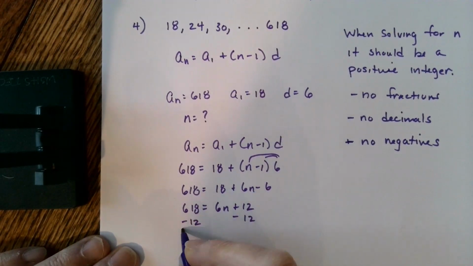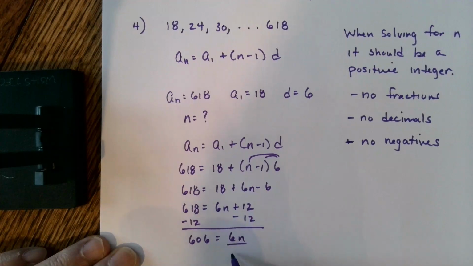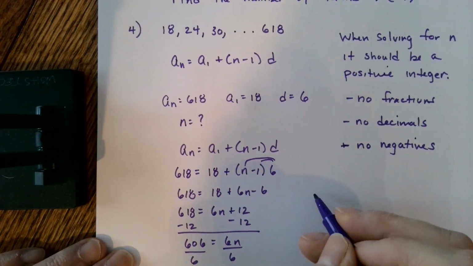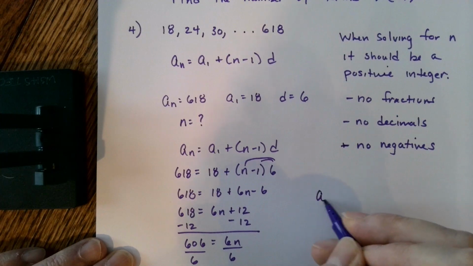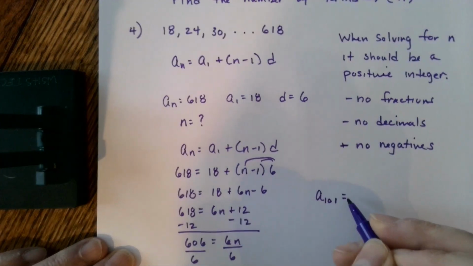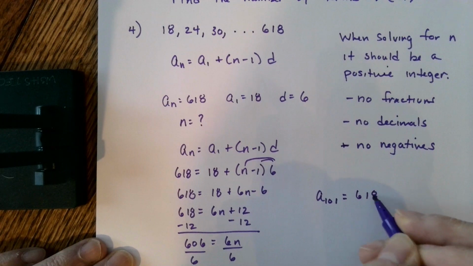Subtracting 12 from both sides, I end up with 606 equals 6n. Divide by 6, 101 equals n. So therefore, to summarize, the 101st term of my sequence has a value of 618.